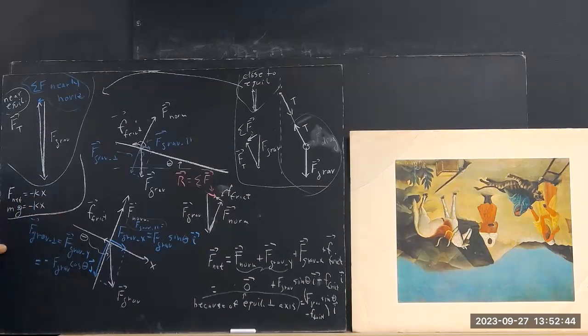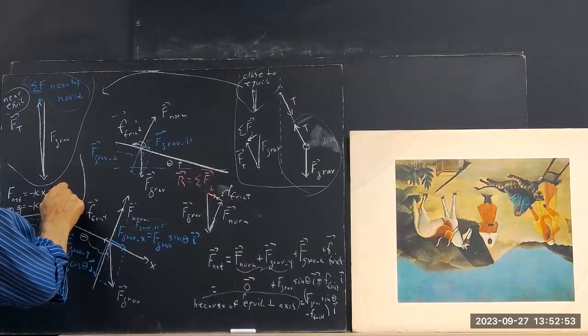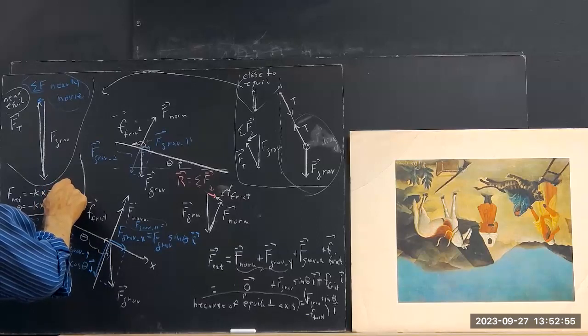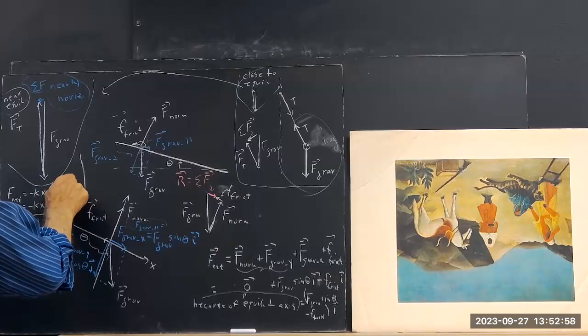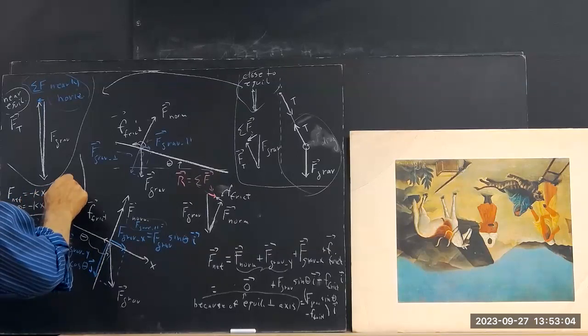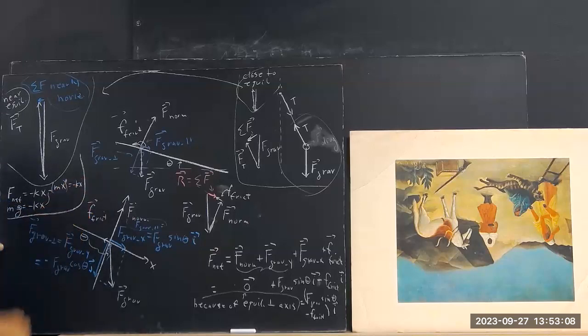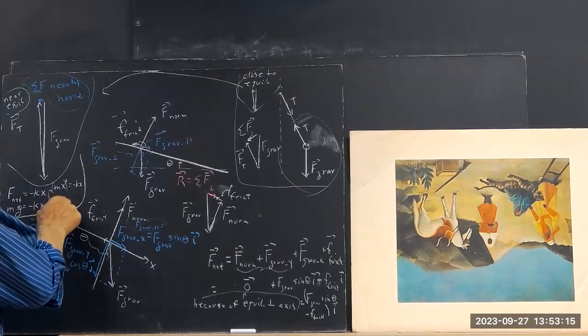Net force of mg is negative kx. Acceleration of gravity. Well, the second derivative of your position function obeys this.